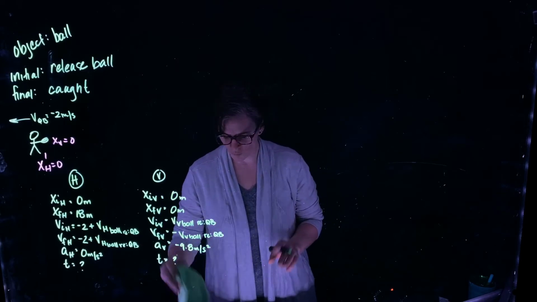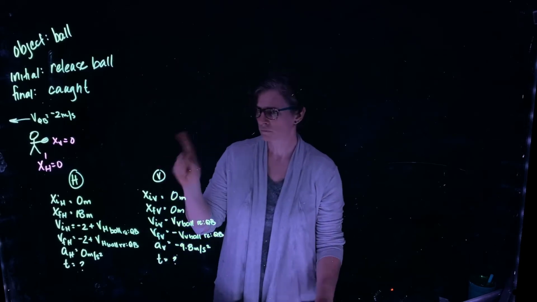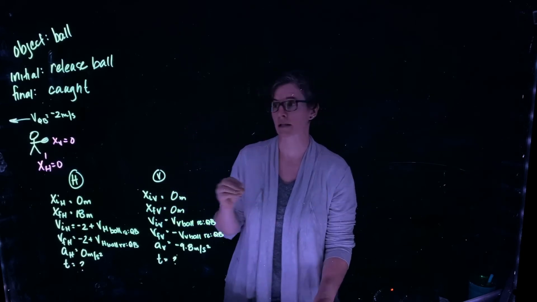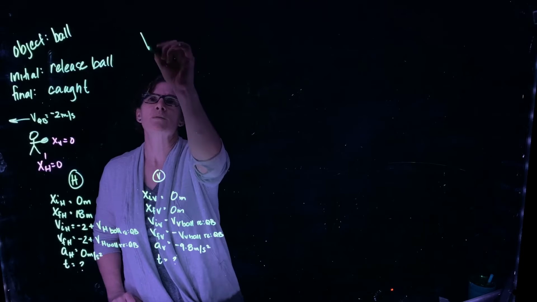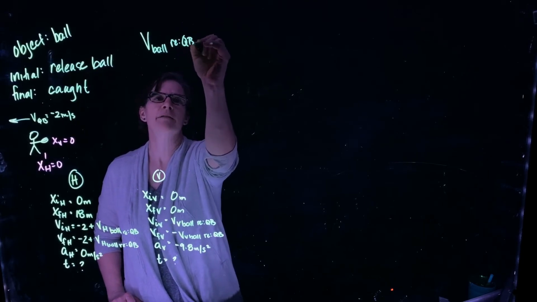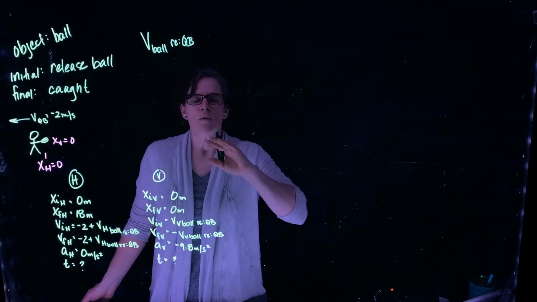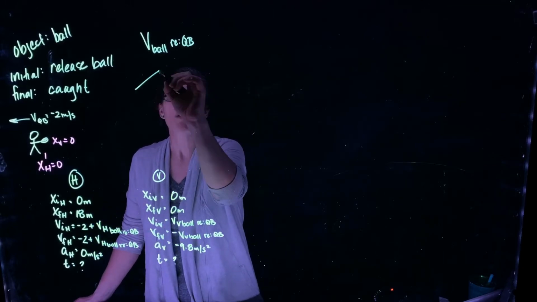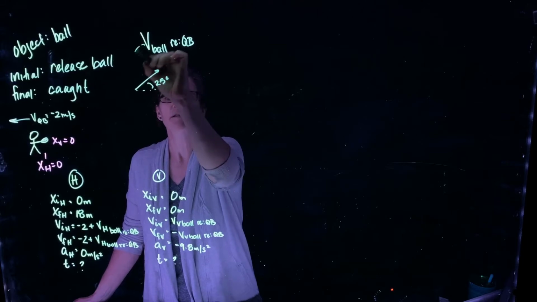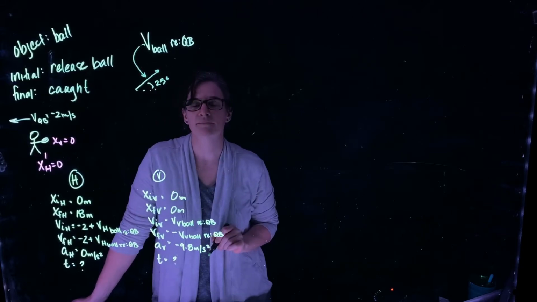Okay, so what are we interested in? We're interested in the true velocity of the ball. We want to know the velocity of the ball relative to the quarterback. Well, we know that the ball is being thrown at 25 degrees at some velocity.